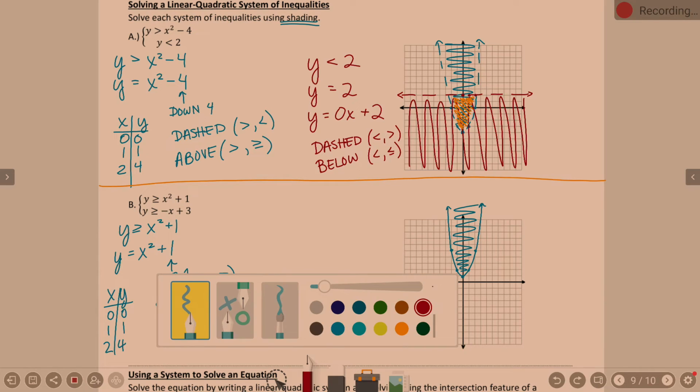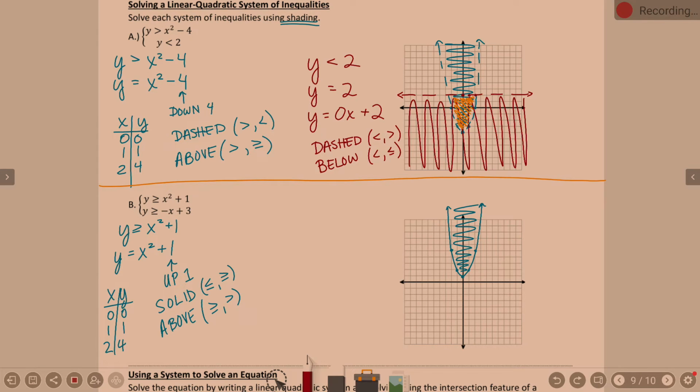Okay. We also have our line. Y greater than or equal to negative x plus 3. So I'm going to think y equals negative x plus 3. What do we know about graphing that? Yep. Y equals mx plus b is exactly what you need to think.